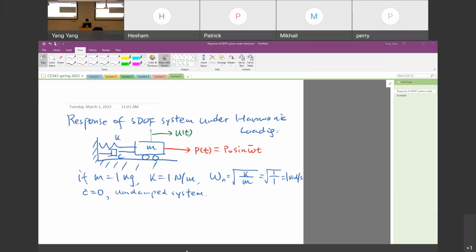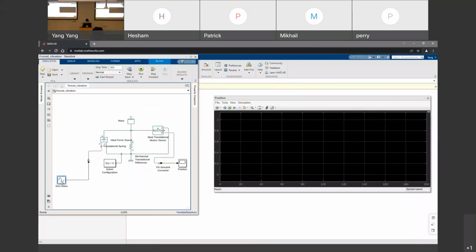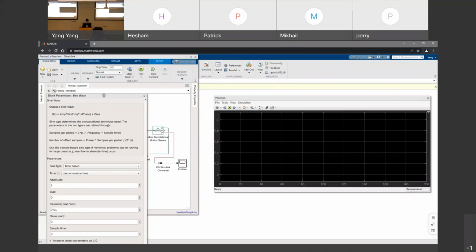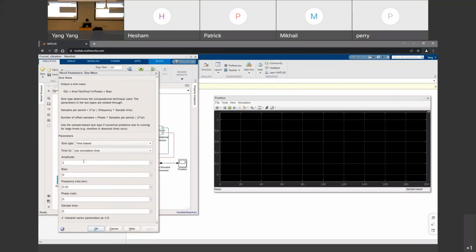The sine wave will give us the input. For example, here we have the amplitude of the force equal to 1. So remember the force, the mass, and the spring constant are all equal to 1. So we can do a quick check to see what will happen.